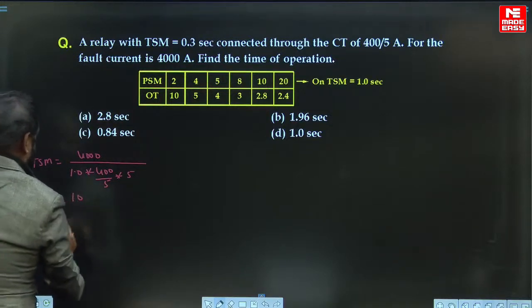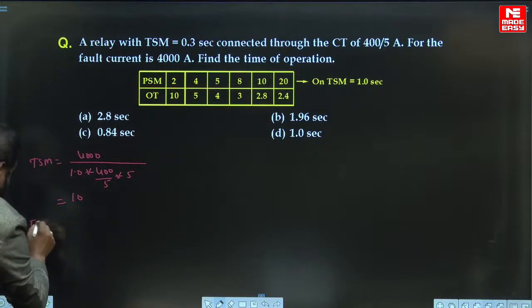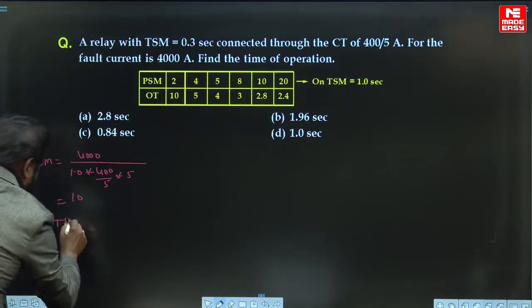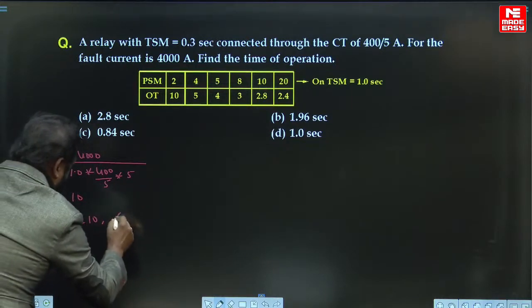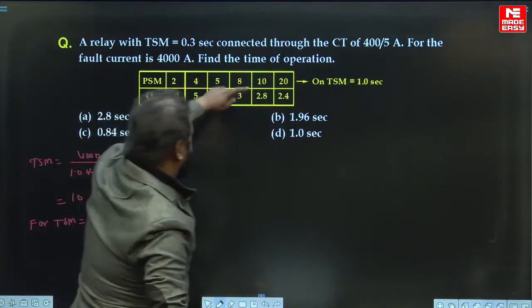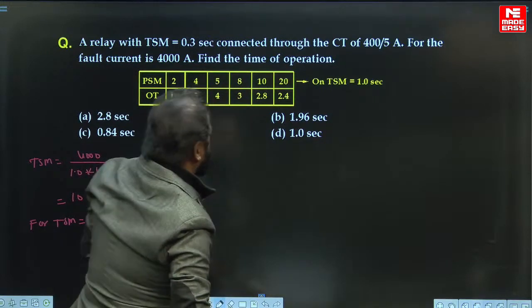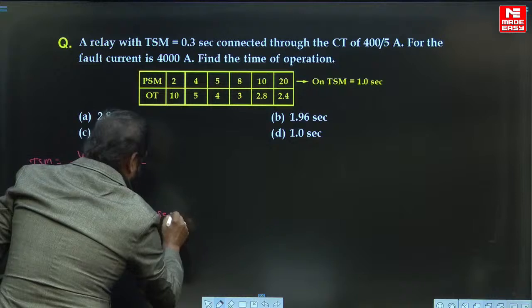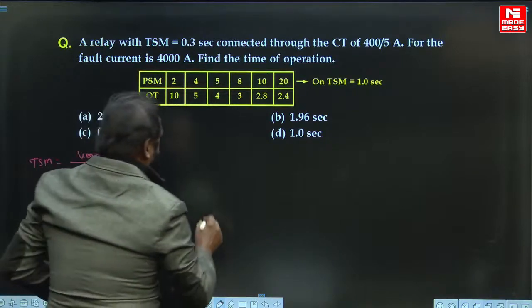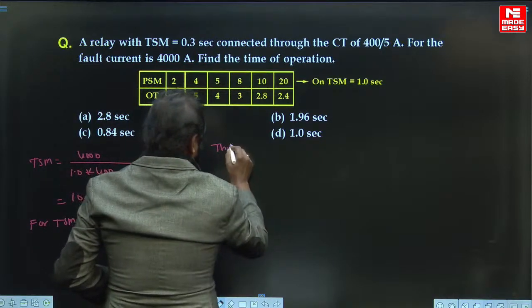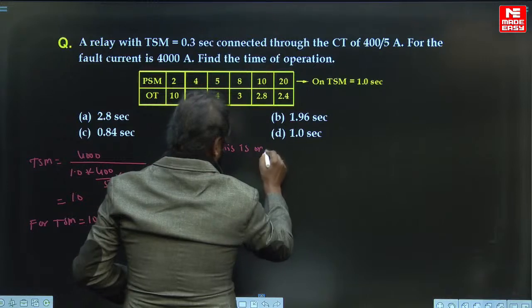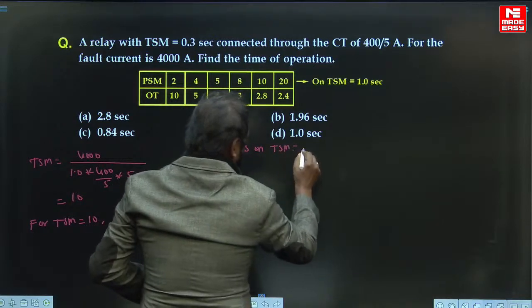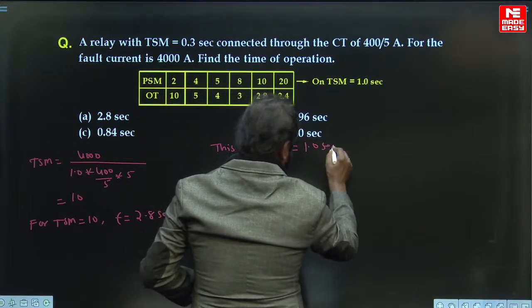PSM is equal to 10. Okay, for PSM equal to 10, the time of operation is 2.8 seconds.